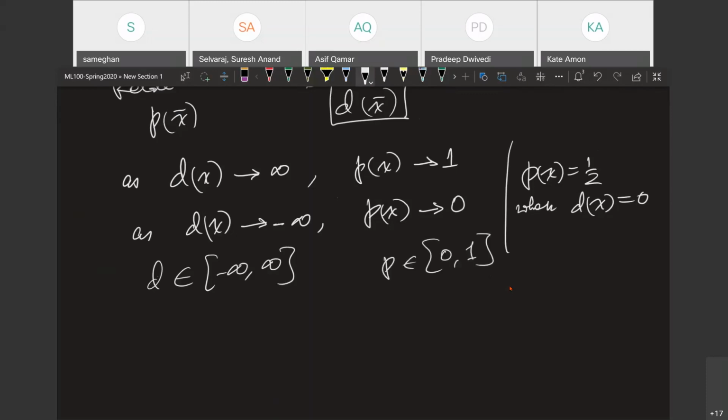But we do know that as one increases, the other also increases monotonically. We just need to figure out a formula of P in terms of d. In other words, P of x is some function of d of x. We know that as d increases, P increases, but what function is it?